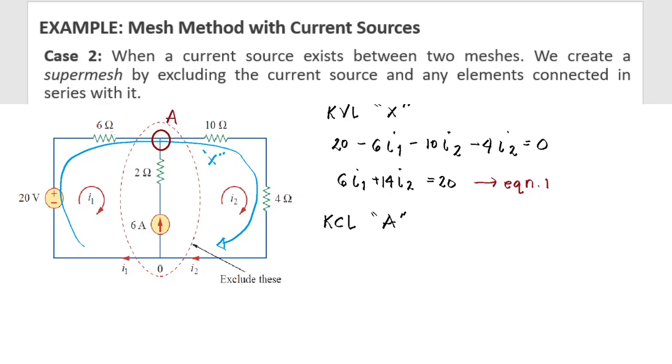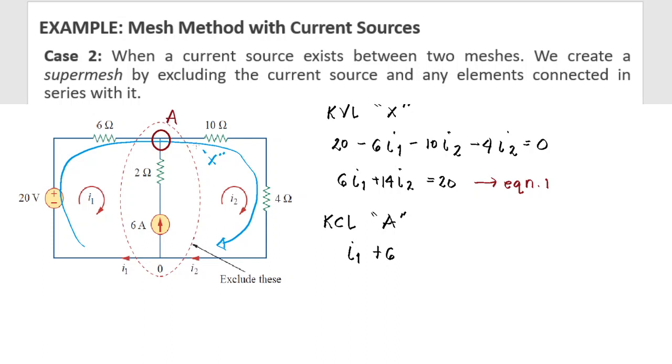I1 is clockwise and it's entering node A. So we have here I1 as entering. How about for 6 amperes? This 6 ampere is the current that passes through this series branch. So 6 ampere is also current entering, the same as I1. So that would be plus 6.